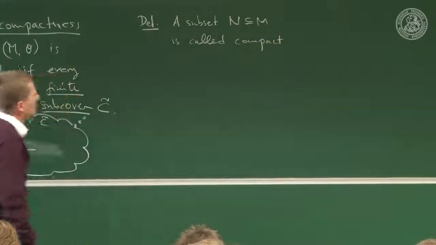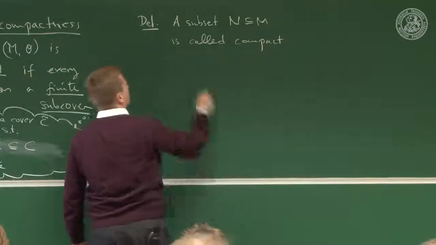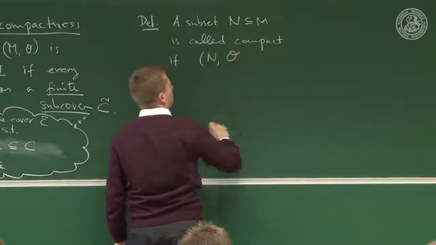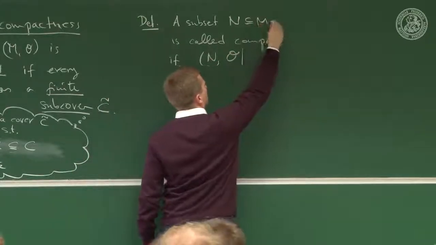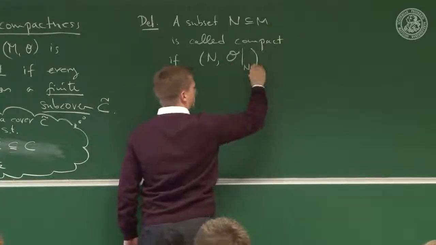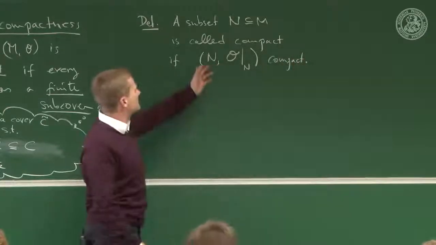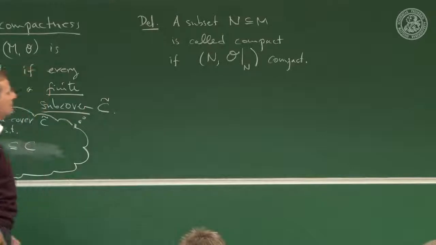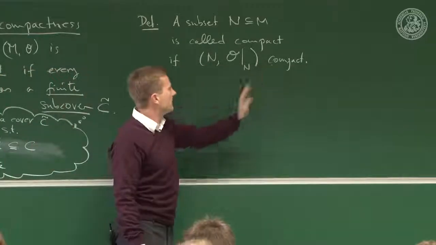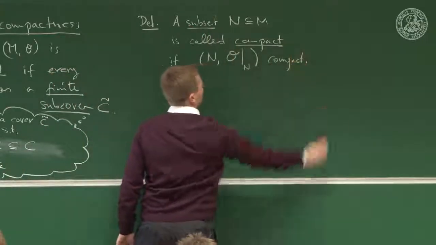Well, obviously we have to get a topology for N. It is compact if N equipped with the topology of M, that's the topology on M but induced on N, is compact as a topological space. So by equipping the subset with the subset topology, you make it into a topological space in its own right, and if that is compact, then the subset is called compact. Very simple.